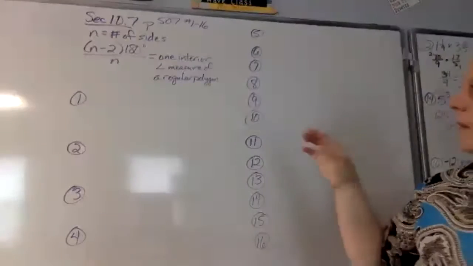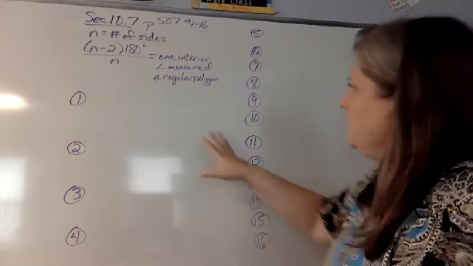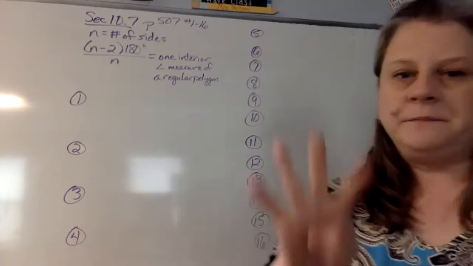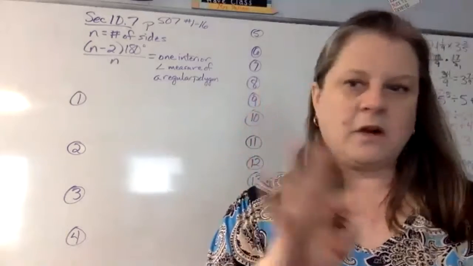So looking at number 1, on page 507, it says the shape is a square. Square has how many sides? 4. They're all congruent.